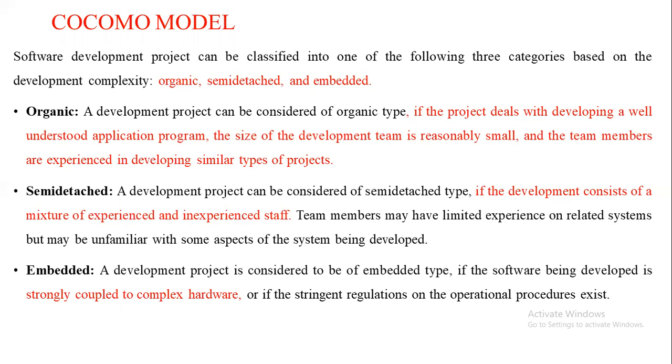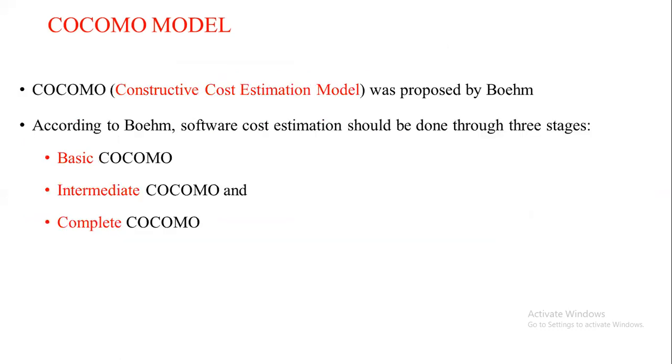Whereas if the project has a well-defined objective but the team members are a combination of experienced and inexperienced members, then it is categorized as a semi-detached project. Embedded is the type of project where you have hardware integrated with the software. So according to Boehm, there are three types of project: organic, semi-detached, and embedded.